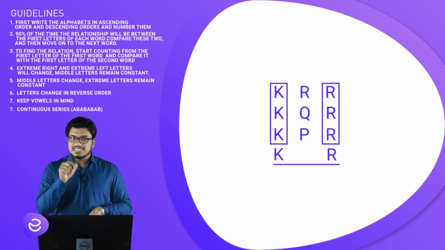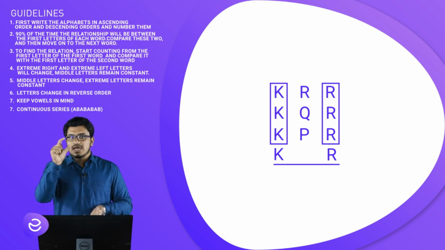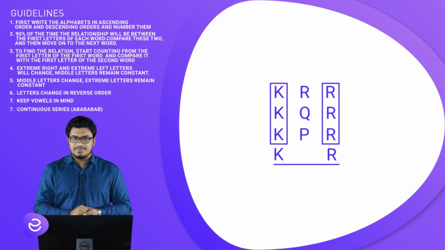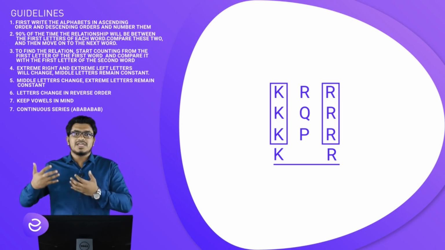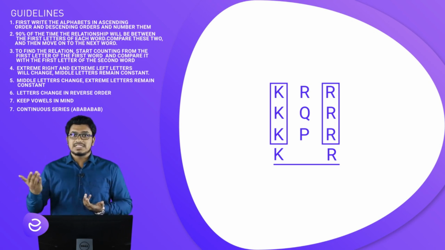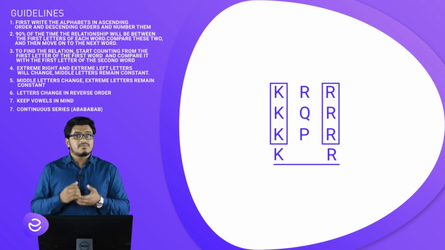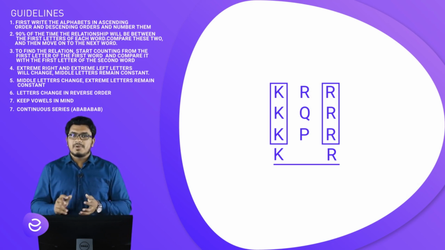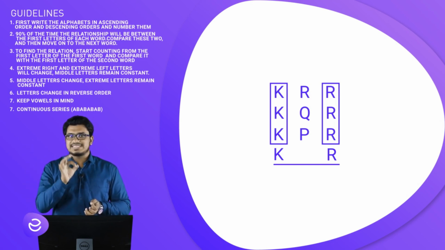This is why we actually write the numbers and the letters in ascending and descending order. Because when we try to memorize the alphabets in the reverse order, we might not get it, we might miss something, we might get confused. But if you write it in descending order and then you number them, you get the exact answer.